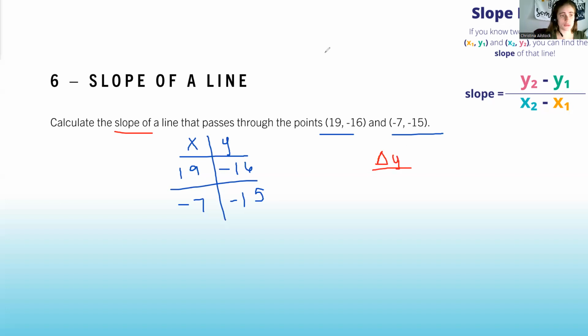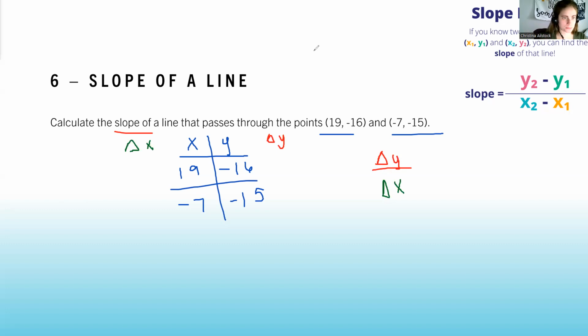That's what that triangle for delta means. And then we want to know how much our x is changing by. So it's still y over x, but we need to calculate that change. The way that you calculate how something changes in math is through subtraction. If we want to know how much you have grown, how much you've changed over time, you would subtract your two different heights to find that change, to find that growth.